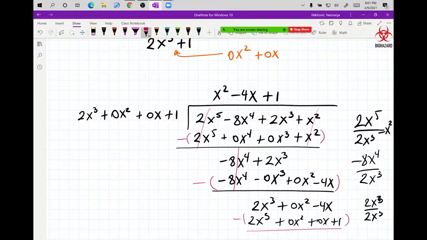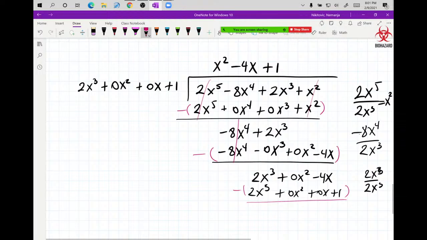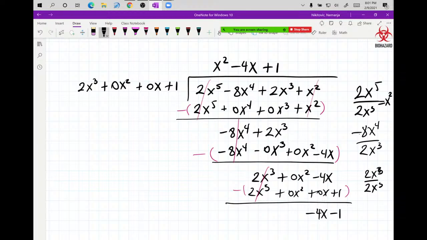Subtract. The first one will drop. And we get 0x squared. I don't need to write it. I get negative 4x minus 1. Again, there's a minus in front. This is a plus 1, so that becomes a negative 1. So, plus negative 4x minus 1 over 2x cubed plus 1.